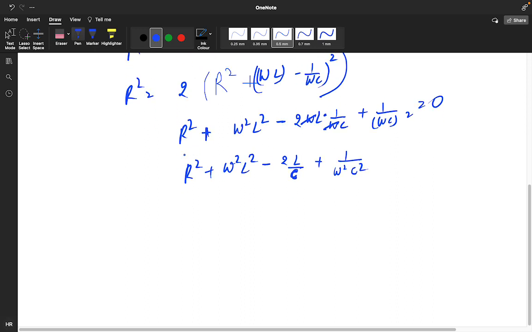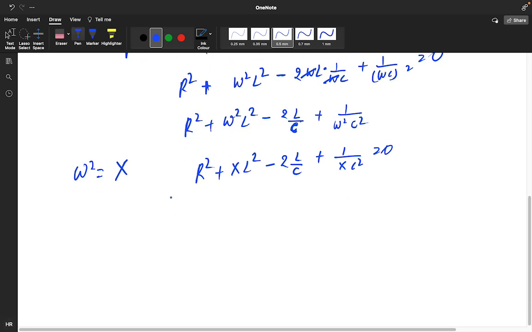Now for solving this, take omega square is equal to x. So R square plus x L square minus 2 L by C plus 1 by x C square is equal to 0. Okay, take the LCM and solve it. So L by C is there, so take x C square as LCM.